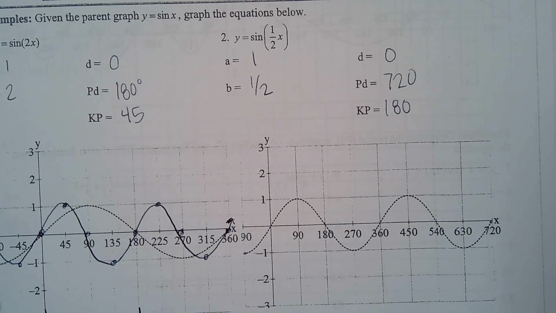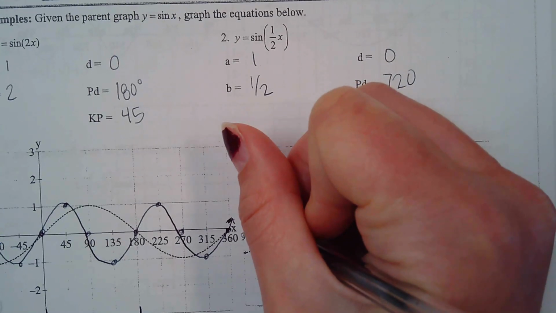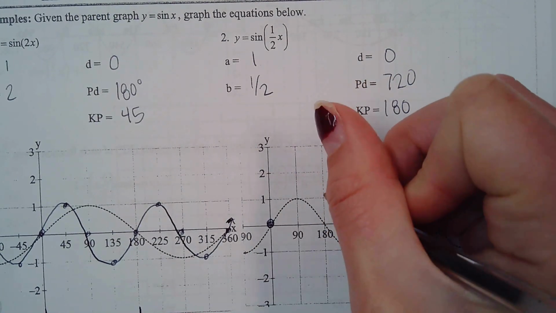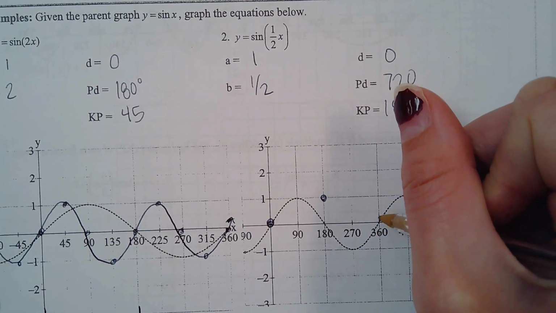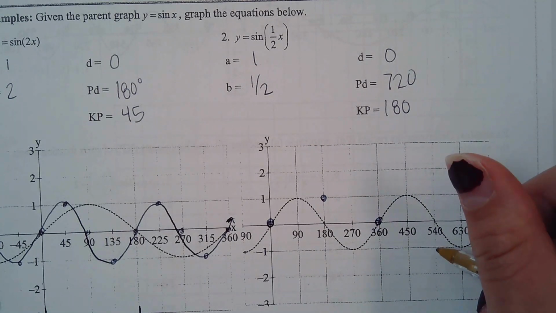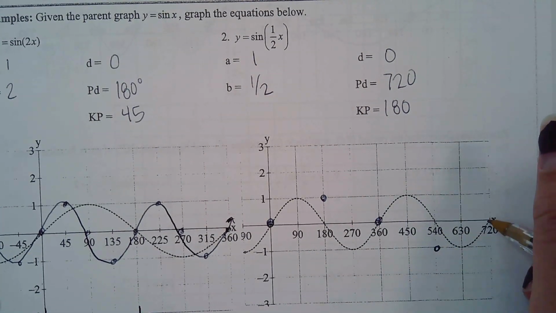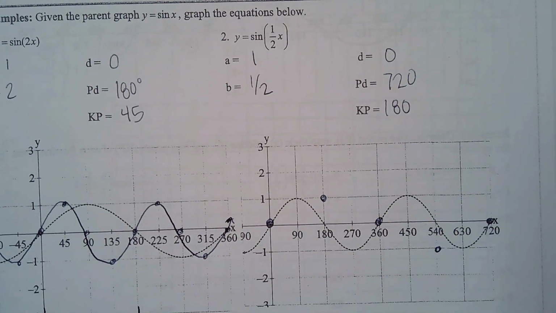So then when we graph this one, we're still going to start at 0. But then at 180, we'll be up at 1. And then at 360, we're at 0. And then at 540, we're down at -1. And at 720, we're back at 0.